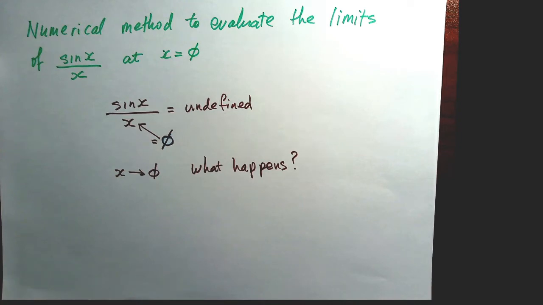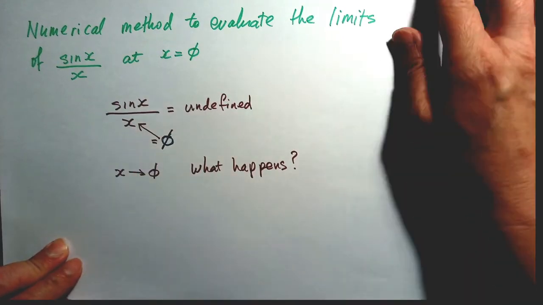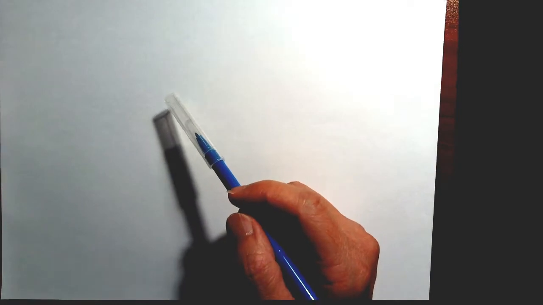Let us pick a few values and see what happens to this function. A lot of colors to choose from, as you can see, and also a lot of numbers of x to choose from.